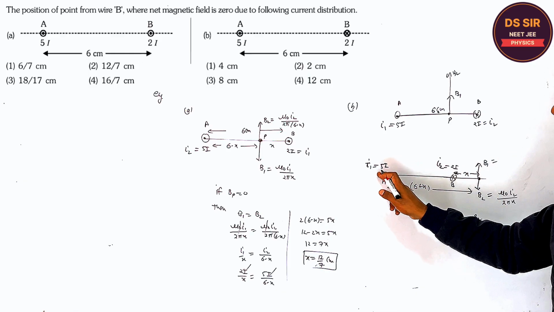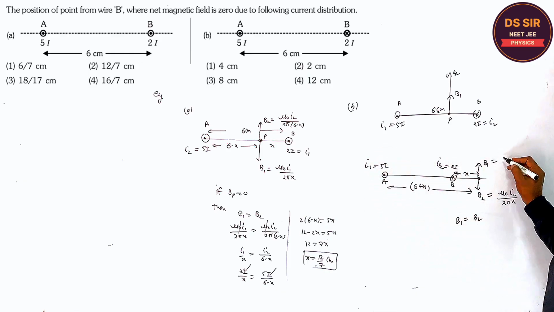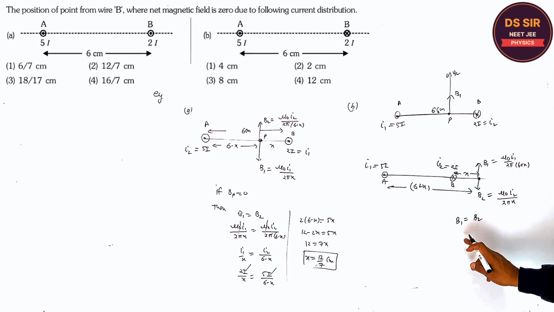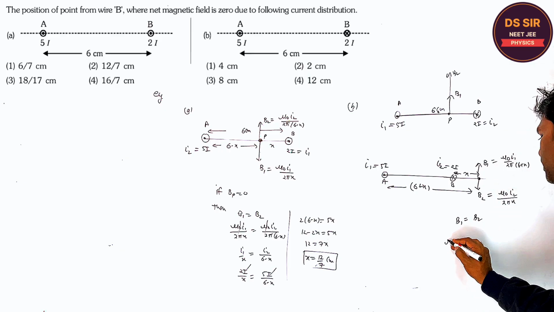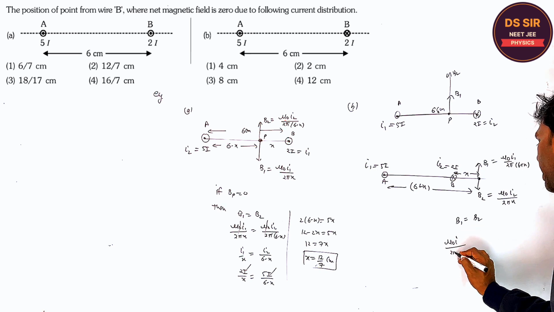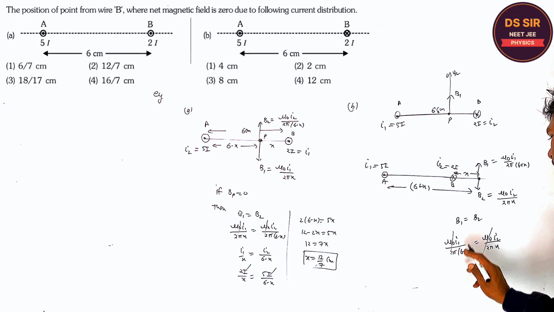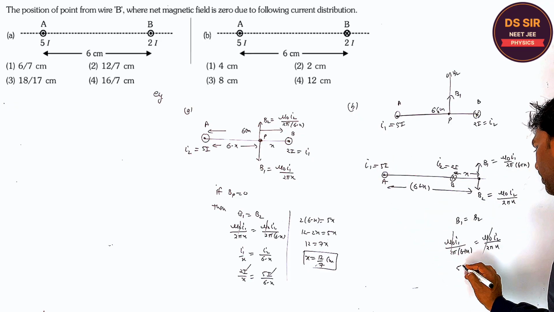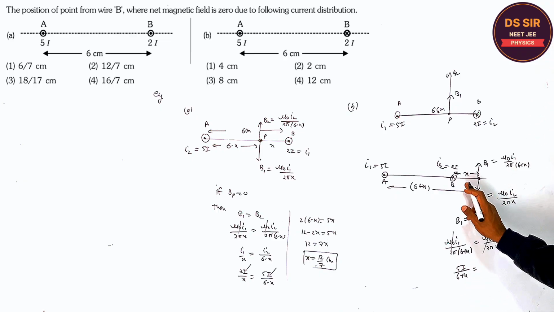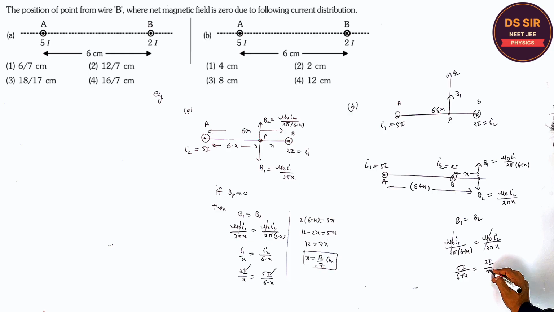The B1, because of current I1, is mu naught I1 upon 2 pi (6 plus x). So B1 and B2 are equal and opposite in direction. Fine. The 2 pi and mu naught will cancel out. I1 is 5i upon (6 plus x), I2 is 2i upon x.